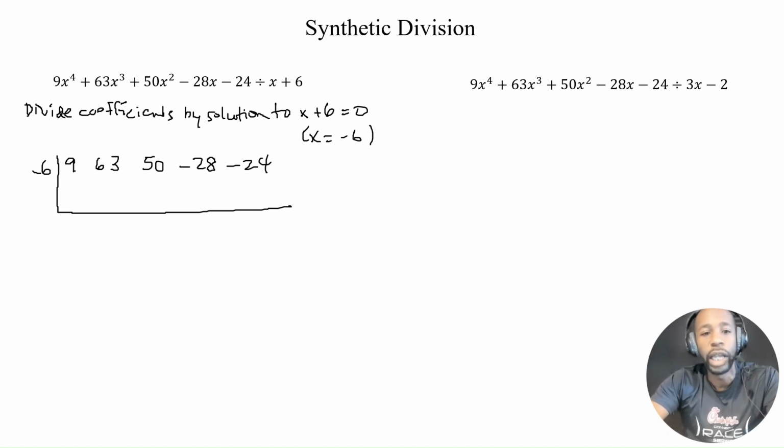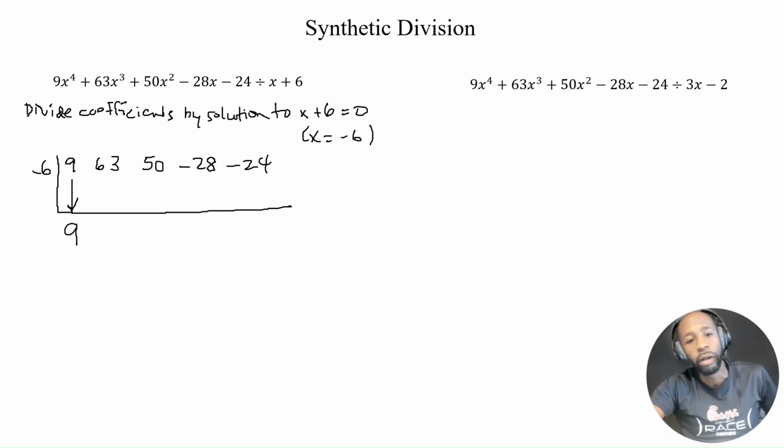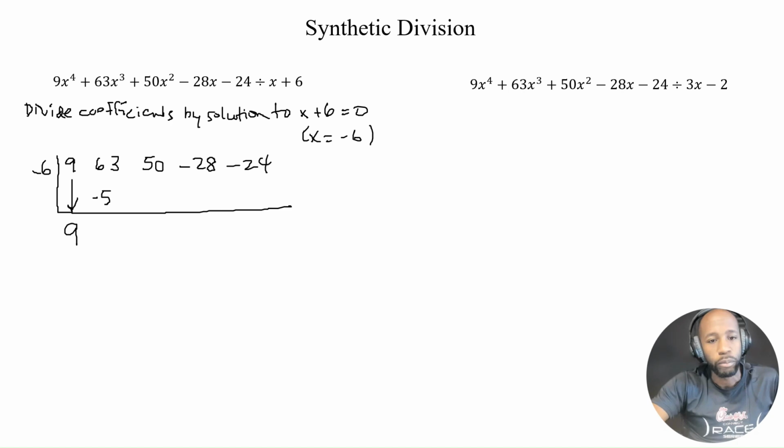All right, now we're going to bring the first term down here. Next, we're going to multiply the outside number, negative 6, by 9. So negative 6 times 9 is negative 54. Now add these. What is 63 plus negative 54? That's going to be positive 9. Okay. Multiply again.